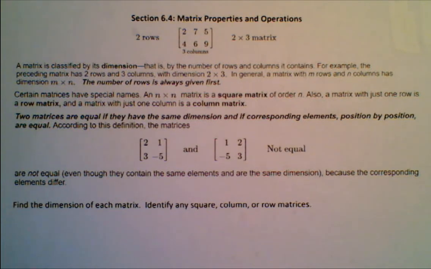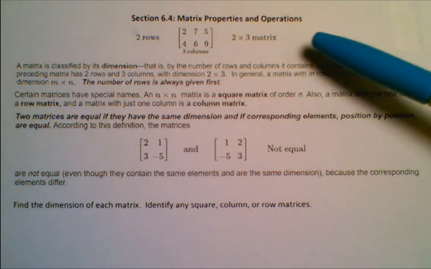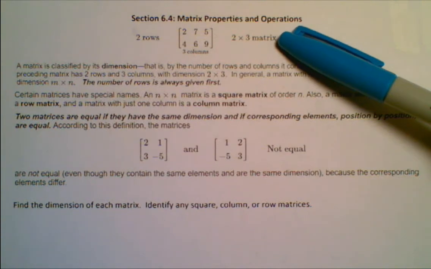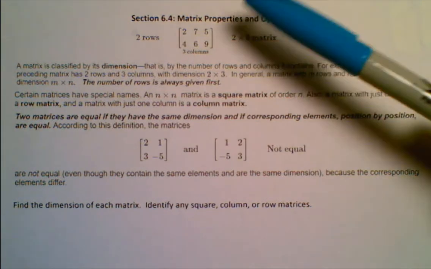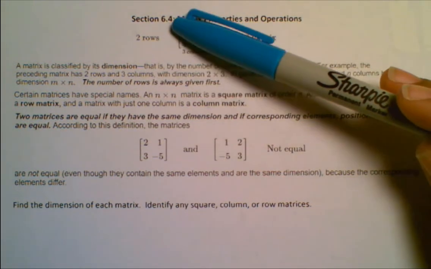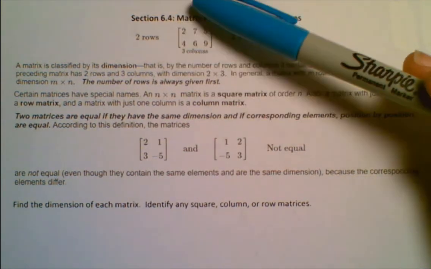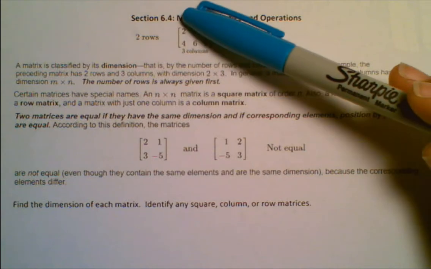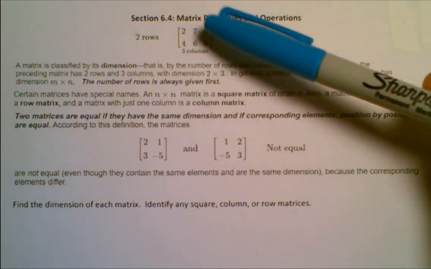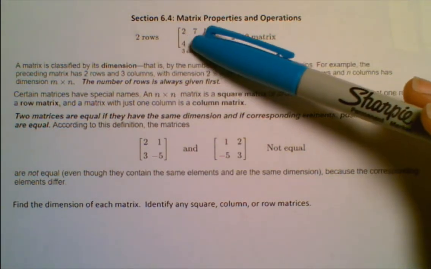So a matrix is classified by its dimension, that is, by the number of rows and columns it contains. For example, we have what's called a 2 by 3 matrix because it has 2 rows and 3 columns. So rows, you go up or down, and then columns, we read it left to right.